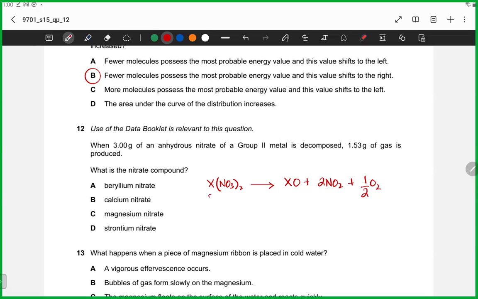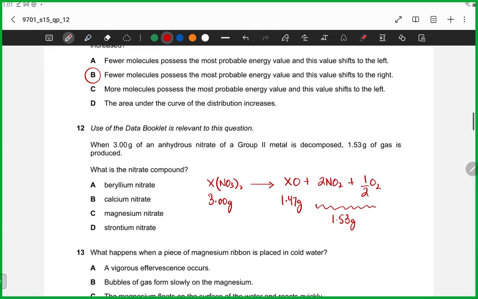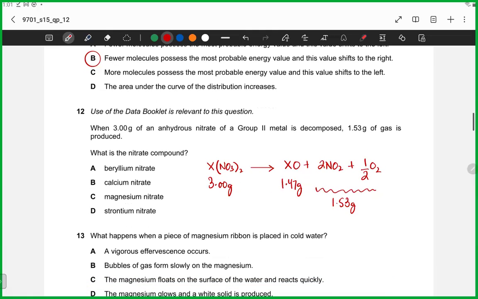So this is 3 grams, and 1.53 grams of gas. So what is left? This is 1.47 grams then, right? Because 1.53 grams of gas is released. Is that clear? Yes.